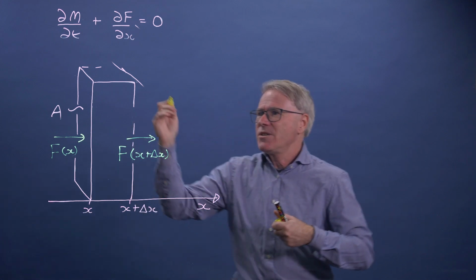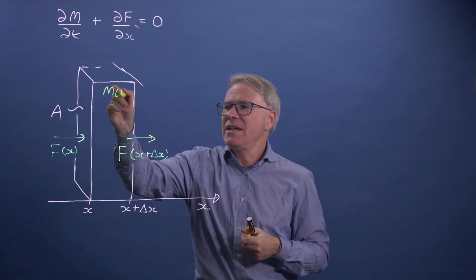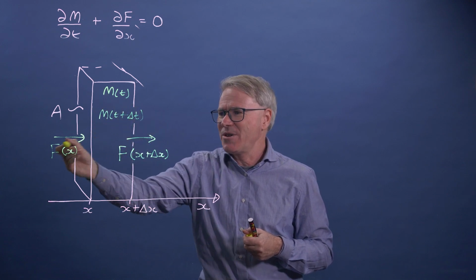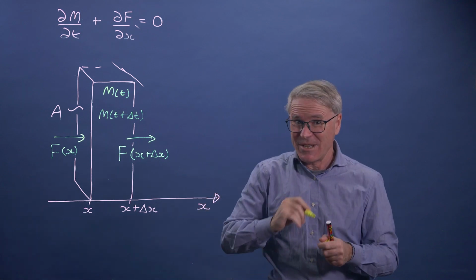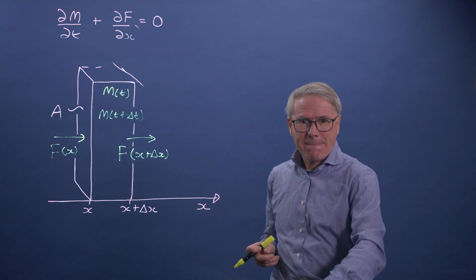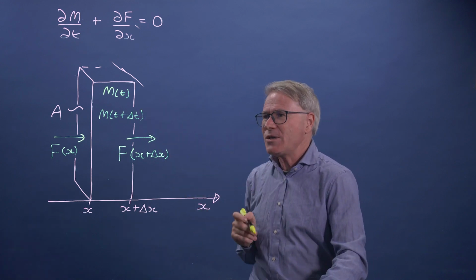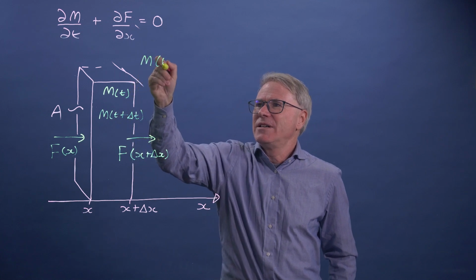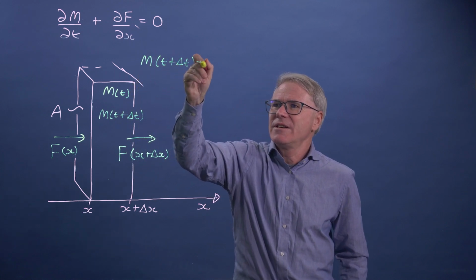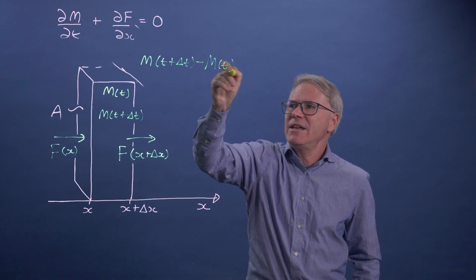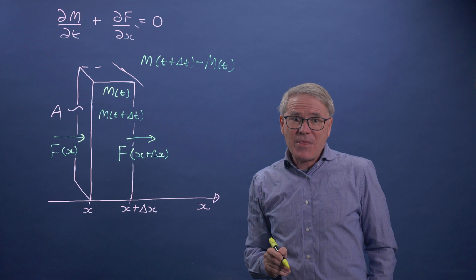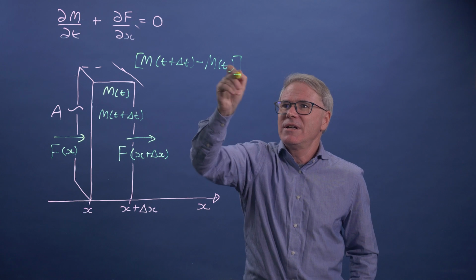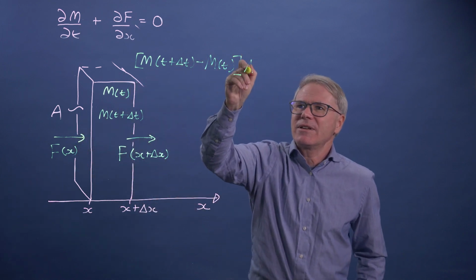Okay, so we have a mass at time t, and then we have a mass at time t plus delta t, and it changes because what flows in and what flows out are not necessarily the same. So let's think about the mass. The change in mass is m of t plus delta t minus m at t, and that now needs to be multiplied by a volume, which is a delta x.